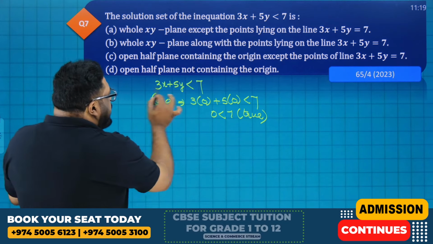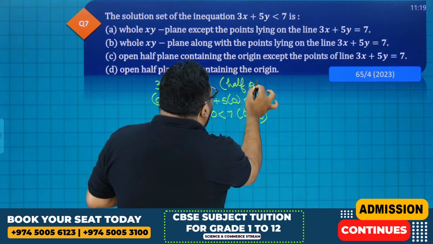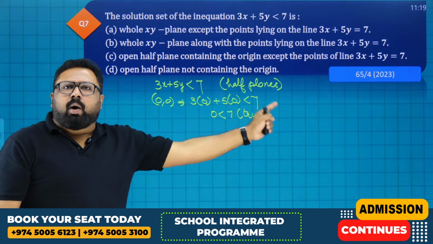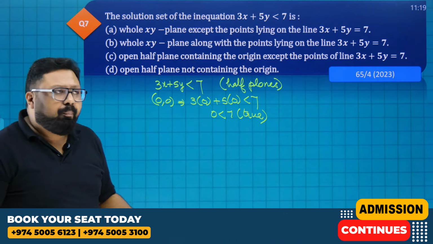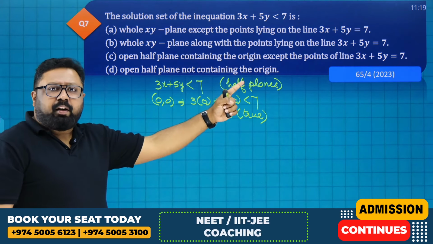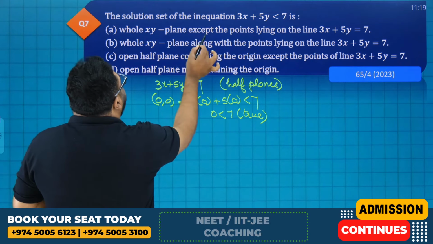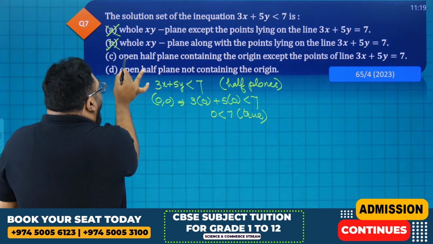So we know that a straight line divides it into two half planes. A linear inequality divides the plane into two half planes. So one half plane towards the origin is true for this case. Whole XY plane, wrong.